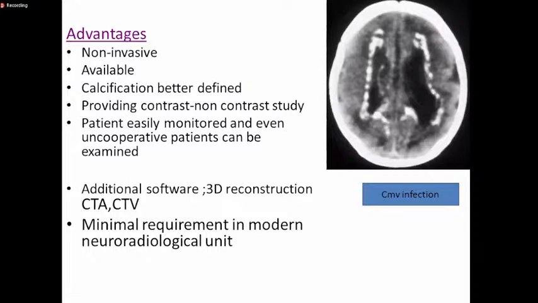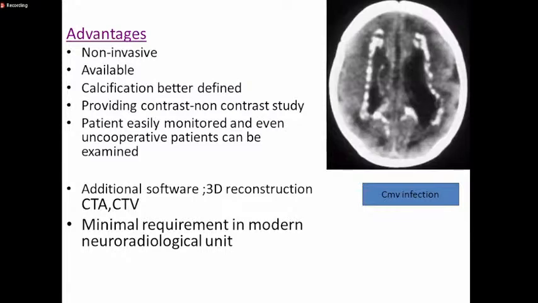Those patients with issues of the cranium sometimes may not be able to follow instructions and they're moving all over. Some of them may require support, and this would be the modality you can use. With this modality, you can put additional software and be able to do 3D reconstruction. You can do CT angio.